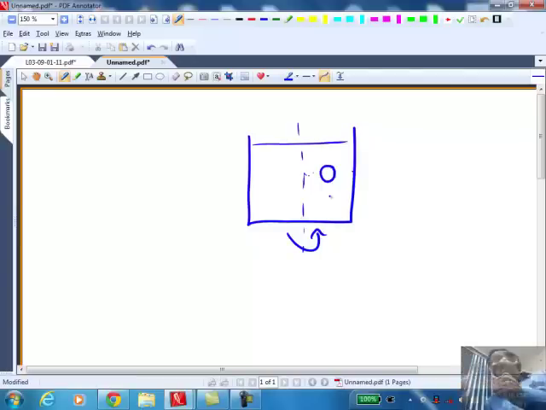Why? Because as you go out, the pressure distribution is such that the pressure here is higher than the pressure there. So as I'm spinning, this particle will experience a greater force this way and a lesser force that way.